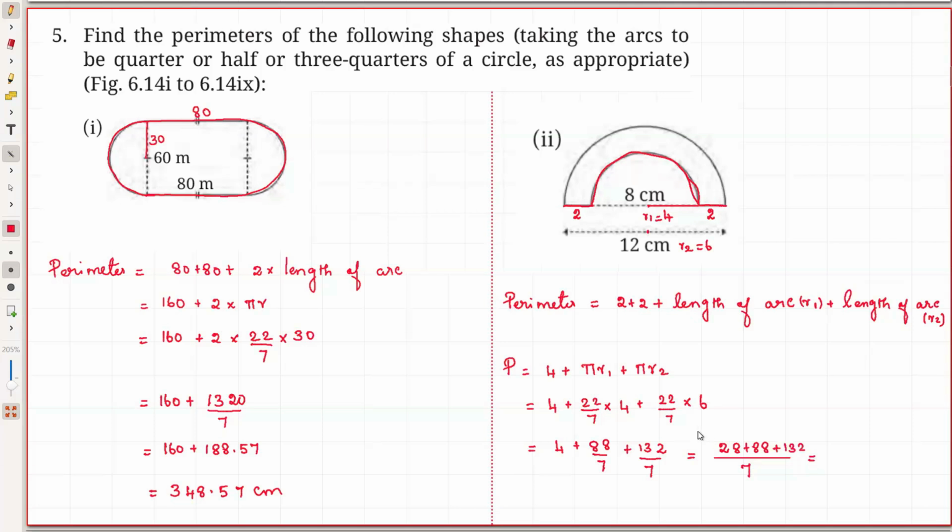Adding everything, 248 divided by 7, I'm getting 35.4285, approximately 35.42 centimeter. Therefore the perimeter is equal to 35.42 centimeter.